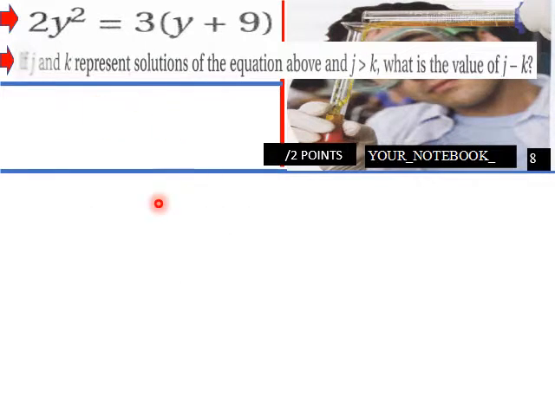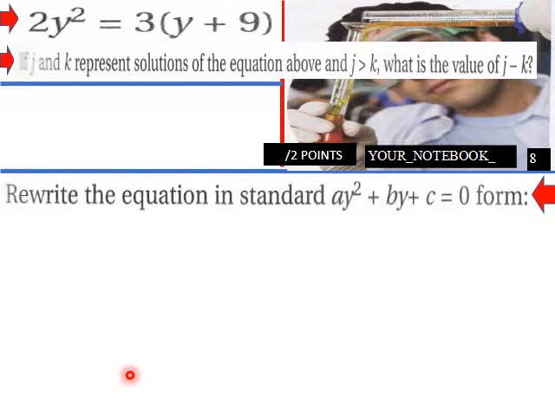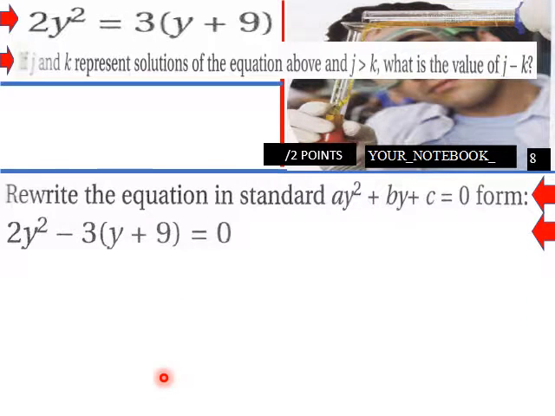Then we have something like this, where j is greater than k. If j and k represent solutions of the equation, what is the value of j minus k? Rewrite the equation in standard form here. So we're going to put everything over on the left side, bring this over here.